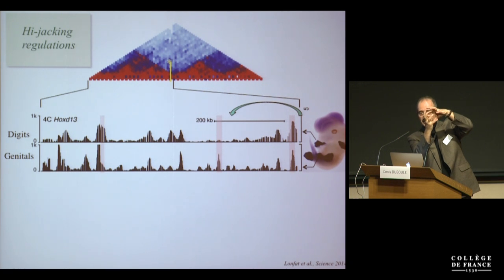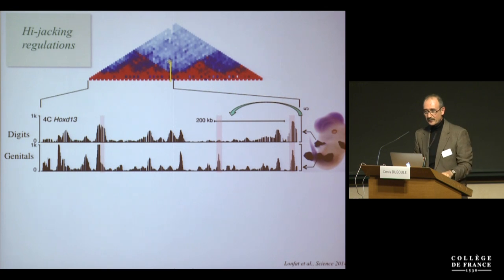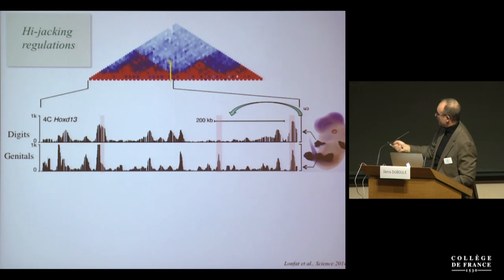If you look in genitals, it's like that. Very, very small difference between the two types of regulations. However, you see that some of the peaks are different. Here the peak is present in digit, absent from genital, present in genital, absent in digit. So there are very, very minor differences within the contacts in these regulatory domains.